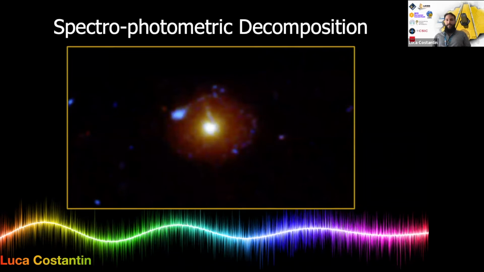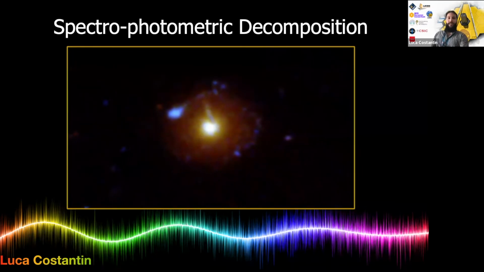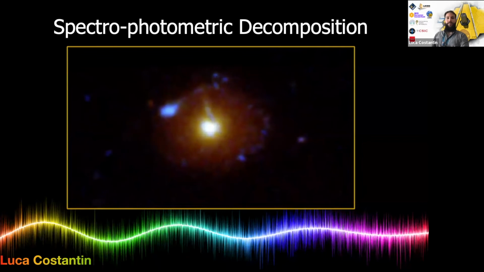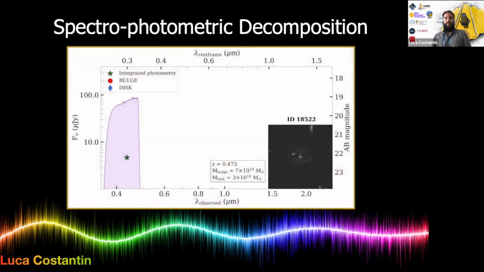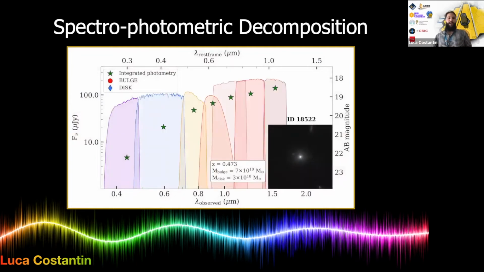But at this point, you may be wondering how the spectrophotometric decomposition I mentioned earlier works. So let's have a look at our galaxy, and we start with the measured photometry in the bluest HST filter and move along the spectrum until we reach 1.6 microns. And we also add the K-band from WIRCam.